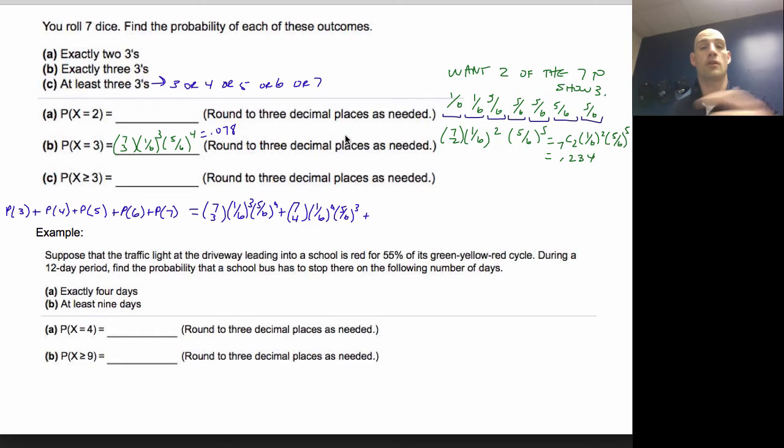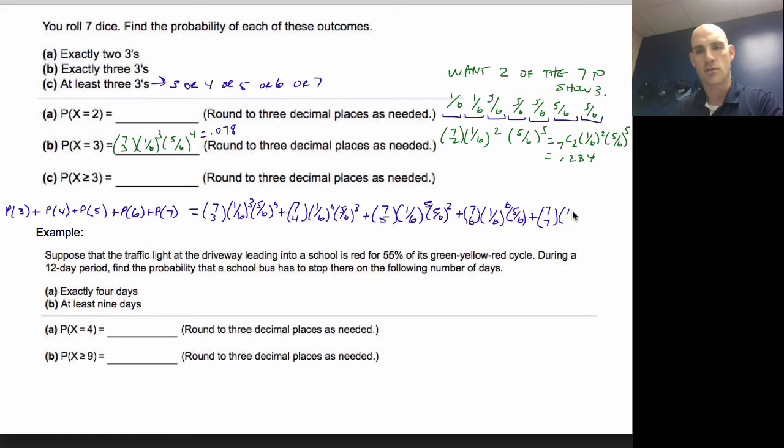This is that binomial probability model that we were talking about, and you're going to see that it looks extremely binomial here. 7c5, 1/6 to the 5th, 5/6 to the 2nd, plus 7c6, 1/6 to the 6th, times 5/6 to the 1st, plus 7c7, all 7 of them, and this would be 1/6 to the 7th, and then 5/6 to the 0 power.